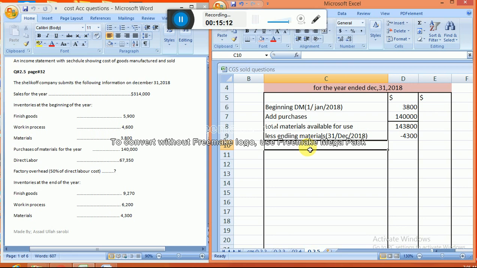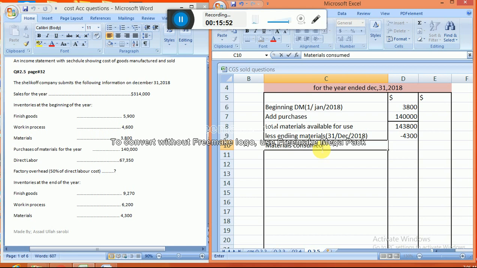Look at now. Total material was 1,43,800, and in that at the end of the year the 4,300 material is left, and we have in the store 4,300. So what is the remaining material? It means that we used these materials in the process. So that is called material consumed.